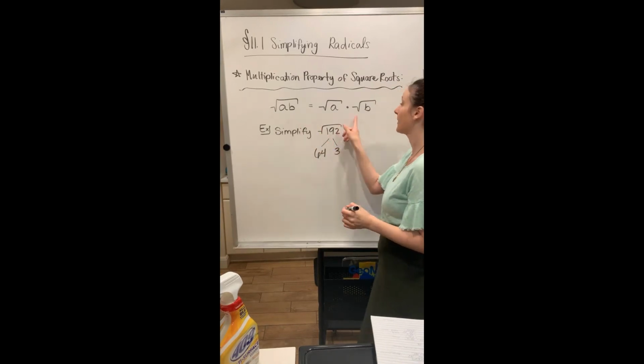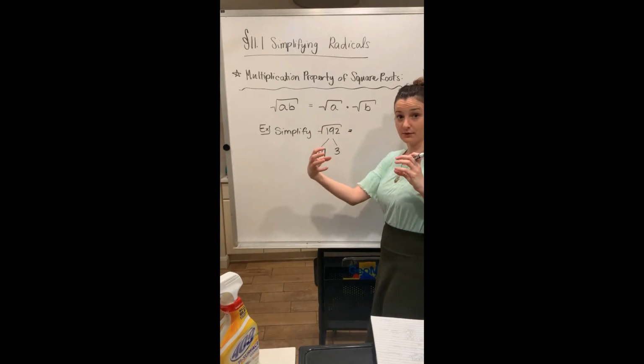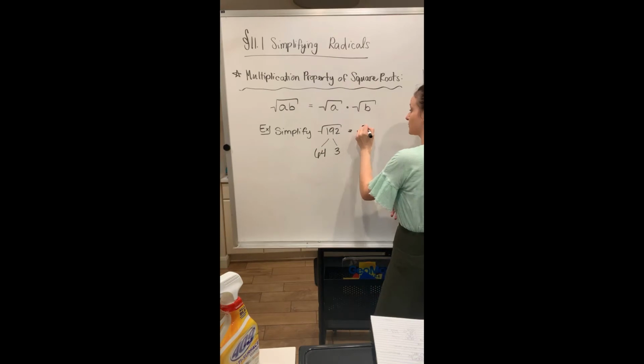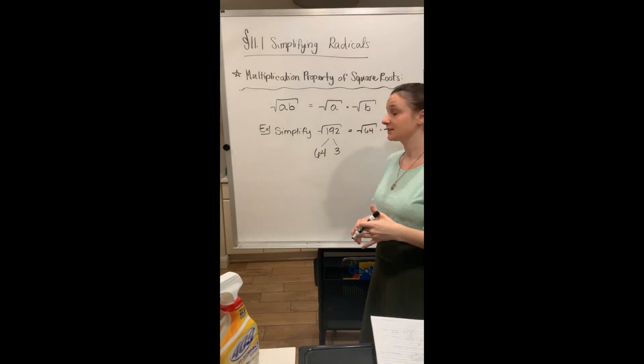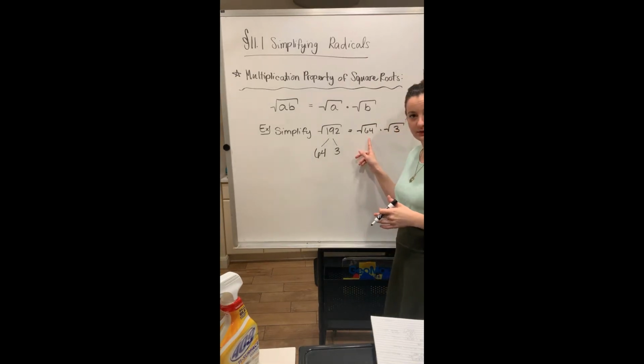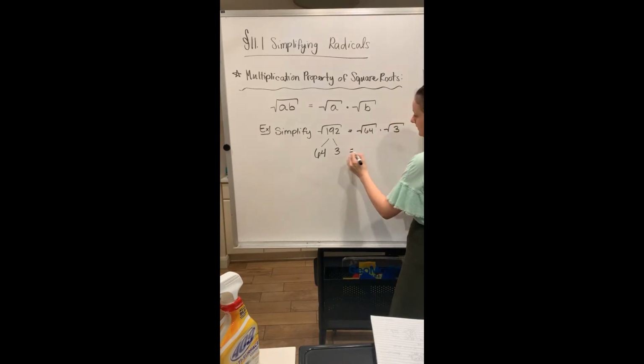Using the multiplication property of square roots, I can break up the square root of 192 into the square root of 64 times the square root of 3. The reason this is nice is because we know what the square root of 64 is. It's a nice, clean, whole number, 8.